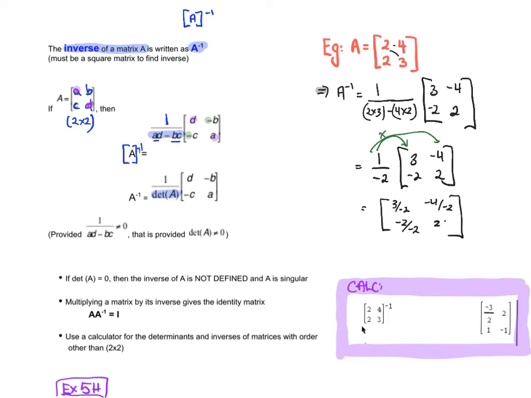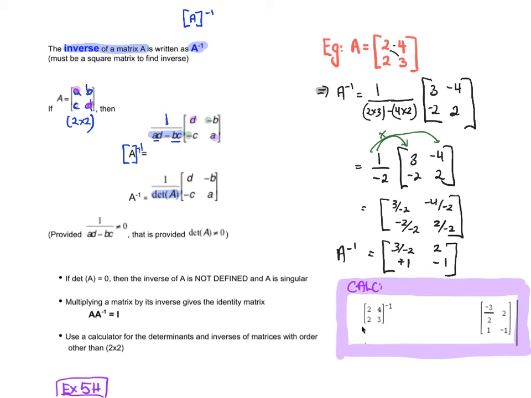This is me timesing everything by negative a half. Now, can I simplify? You'll see I can't simplify that one, but you'll see that's 2, that's negative 1, oh sorry, that's positive 1, and that's negative 1. All right, so I just found the inverse manually for that one there.